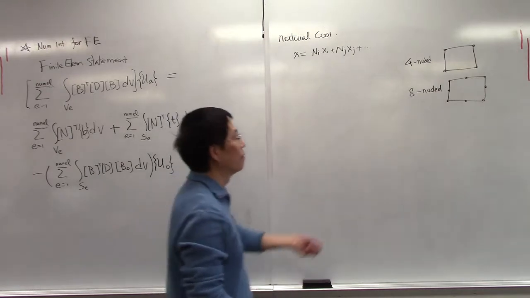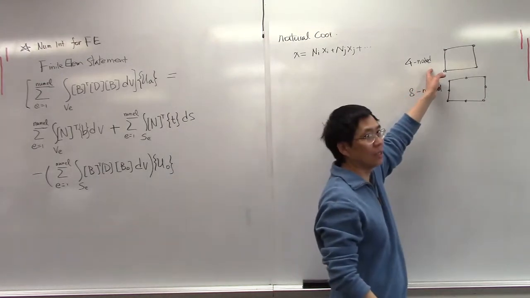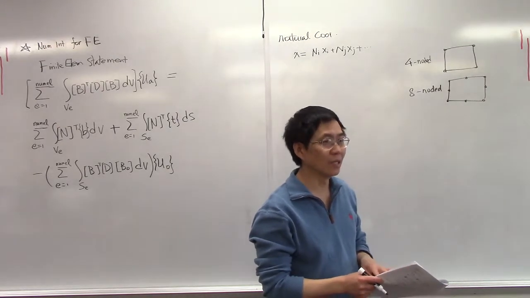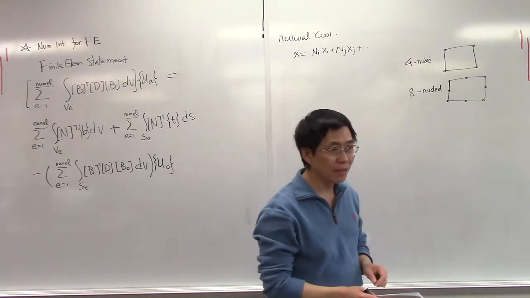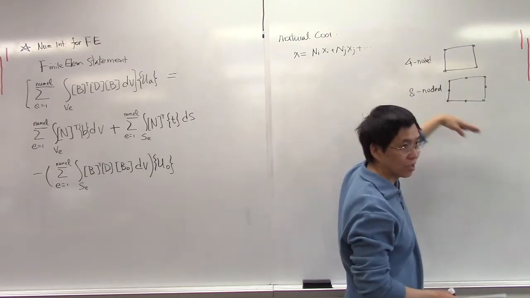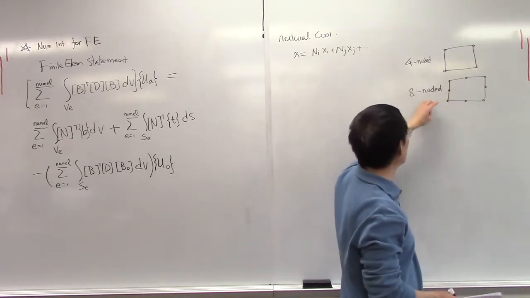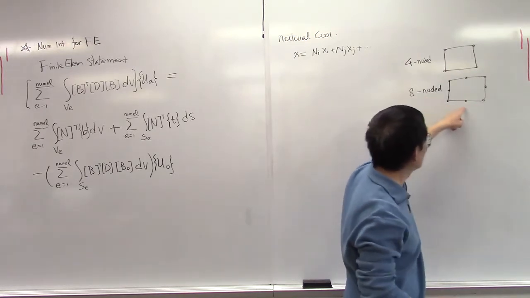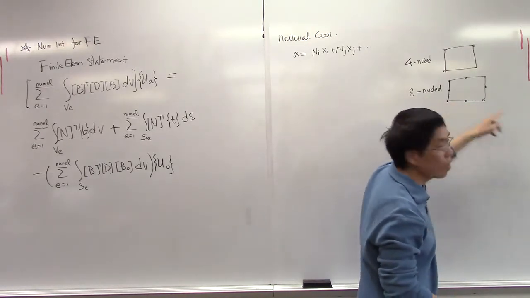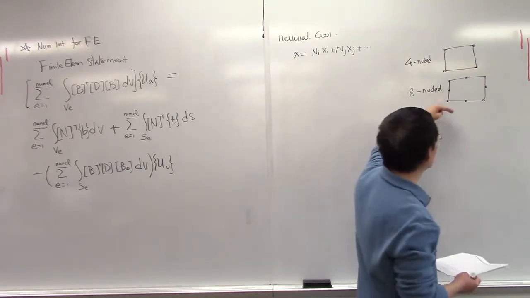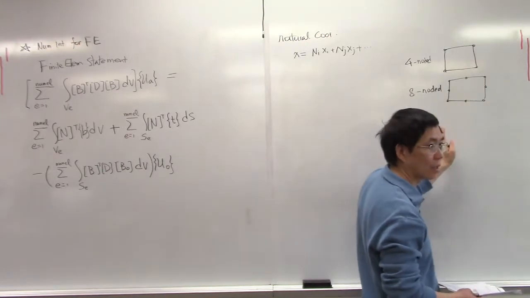It turns out for the 4-noded element, the variation of the displacement within the element is linear, or bilinear, in the x direction and y direction also. For the 8-noded, as you can see, in one direction, through 3 points, you can fit a parabolic relationship. So it is quadratic this way and quadratic that way.